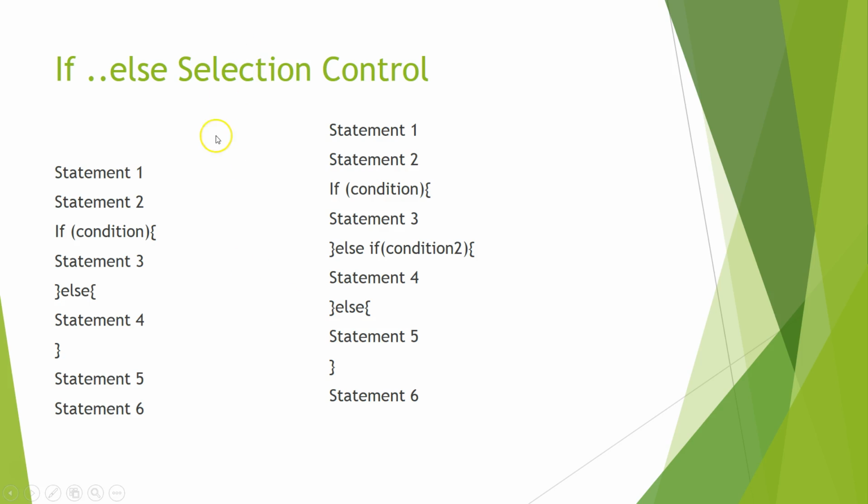We also have if-else selection control. It has many types and cases of using it. Look at our case on the left. Now we have statement 1, statement 2, and we guarantee that those statements will be executed. The program then stops at this line, if, and there is a condition. If this condition is true, it will execute statement 3, and then the program will find else.